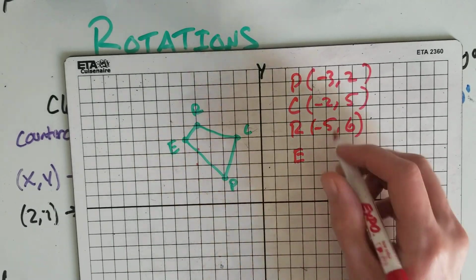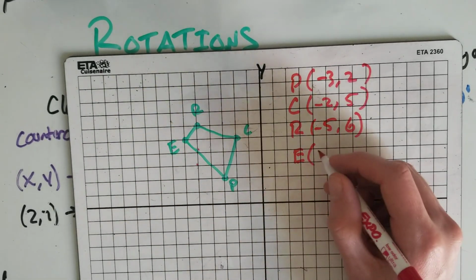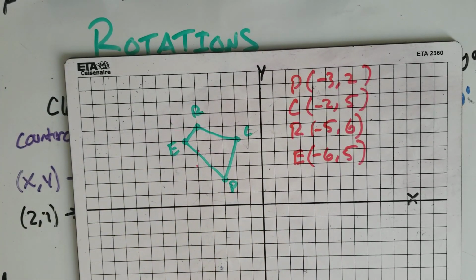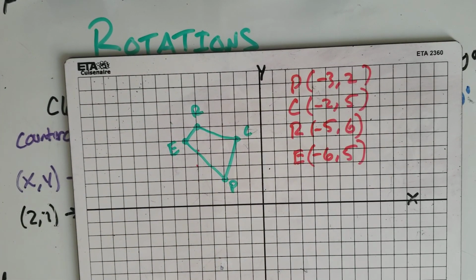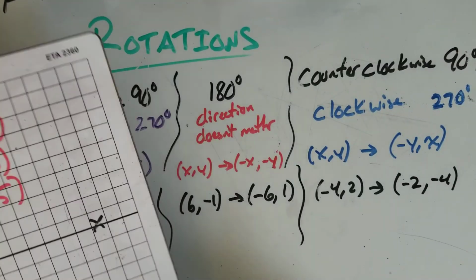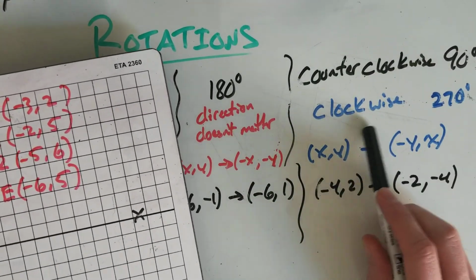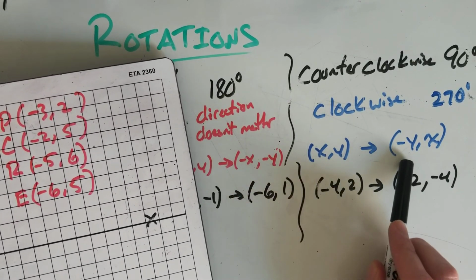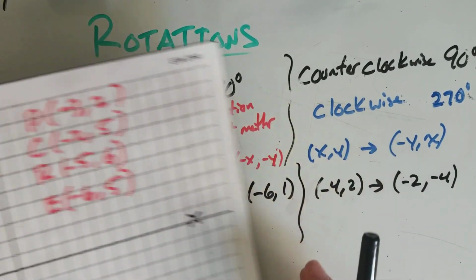And E, we have (-6, 5). And we are going to be following the rule of counterclockwise 90 degrees or clockwise 270. So your y becomes your x, but it changes signs. Your x stays the same and becomes your y.